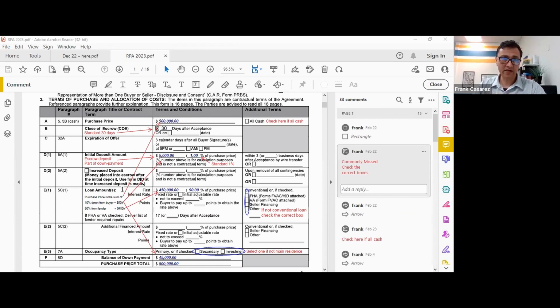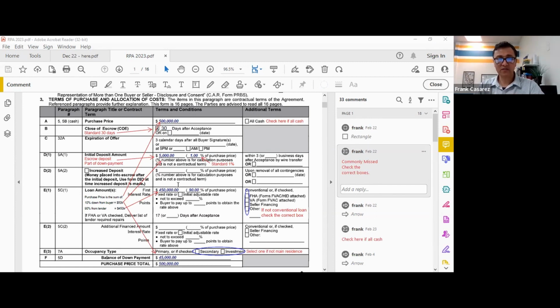What this amount is right here on loan amount is how much the bank is giving to the purchase. The buyer is paying the balance of that. So in this case, if this buyer was putting 10% down on 500,000, 10% is 50,000. If you were to take 500,000 and subtract the 50,000, you are going to get 450,000.